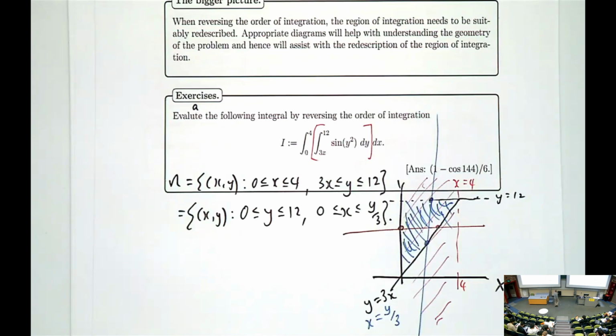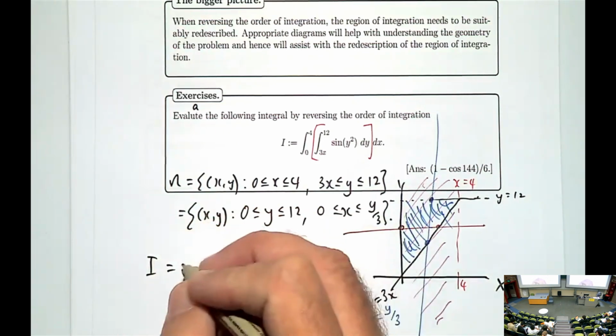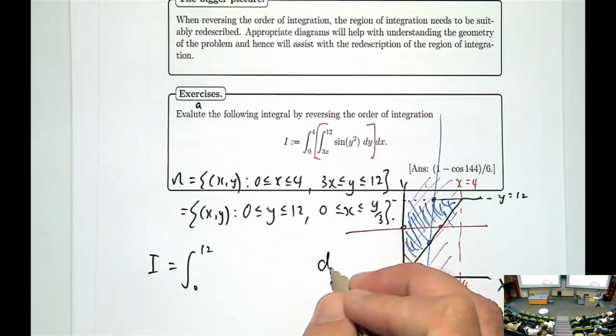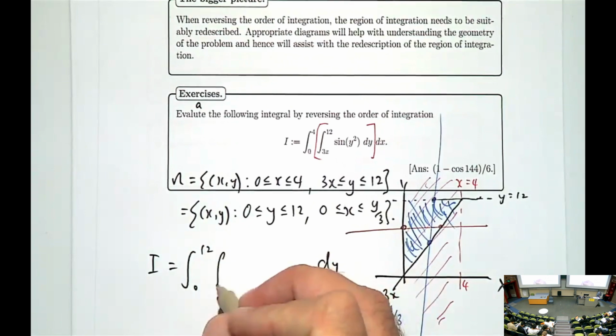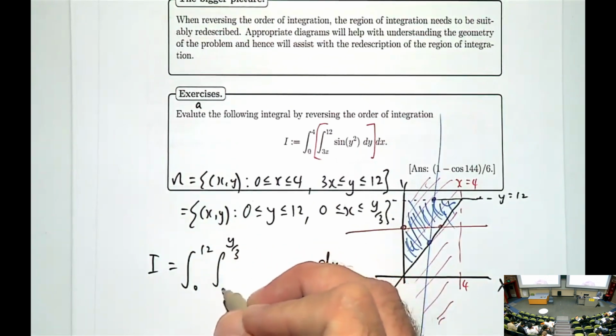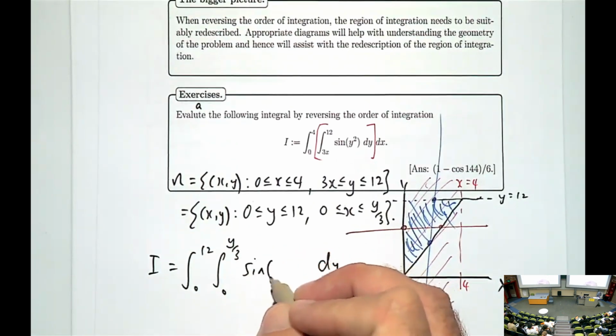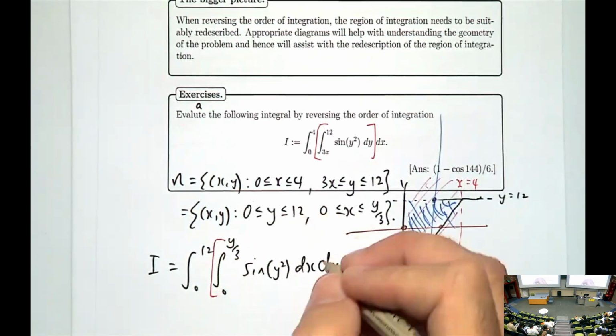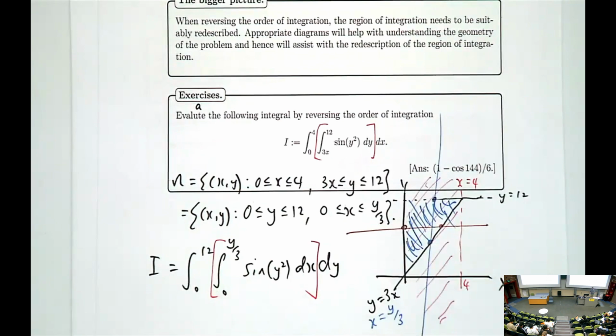Okay, so what will our integral look like? We're going to swap the order. We're going to use these things now. So the y is going to go on the outside. The inside integral is going to be this, and that. And hallelujah. We can now integrate sine of y squared with respect to x, which is easy.